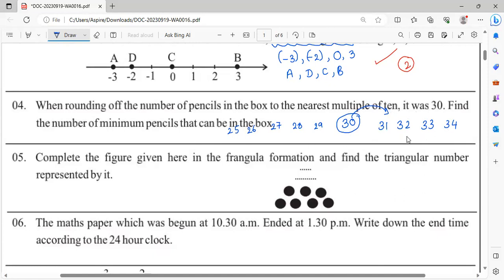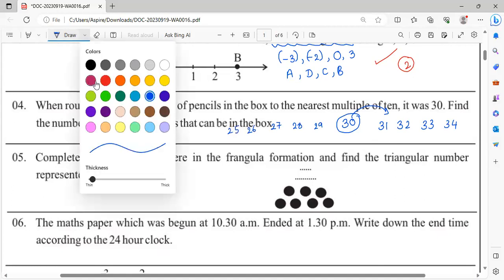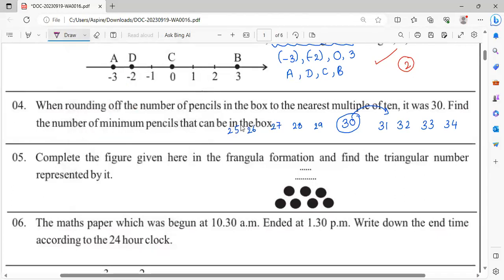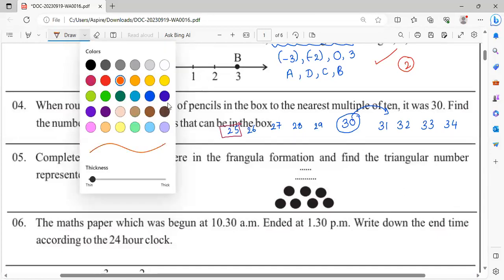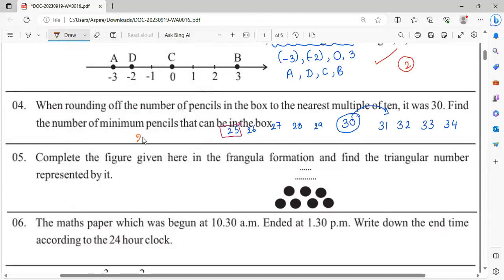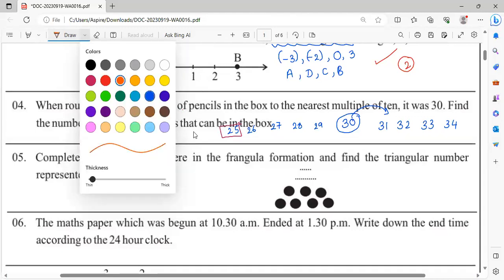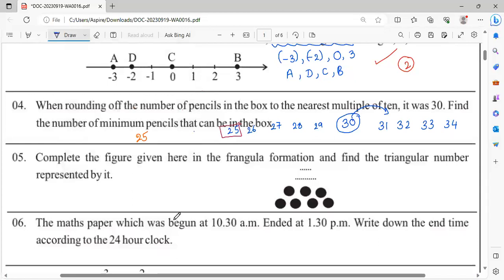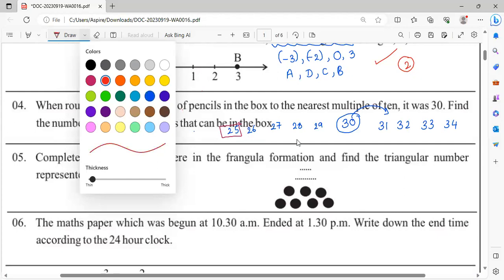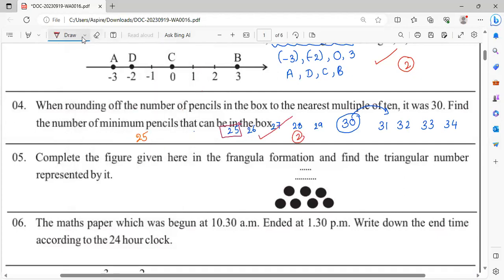Out of these, what is the minimum number? The minimum number is 25. So the answer for this question is 25. If you have written the correct answer, you are given 2 marks.